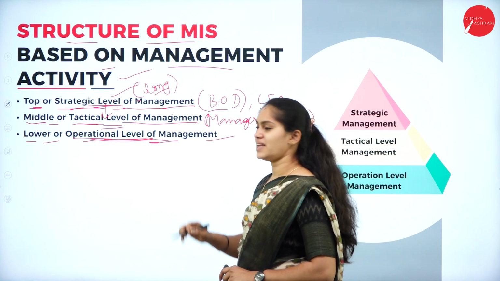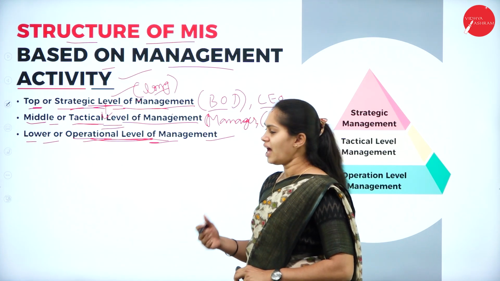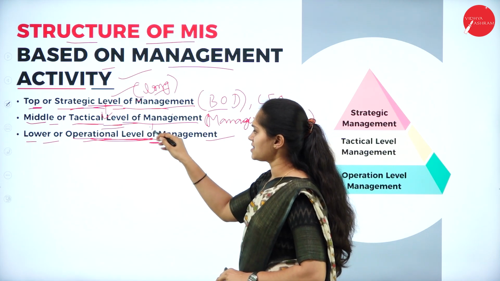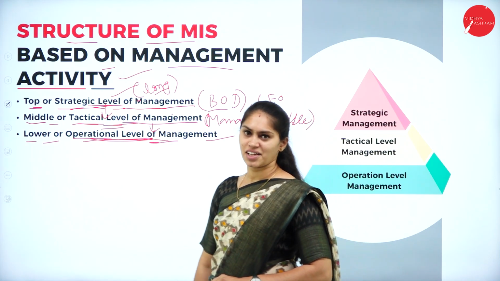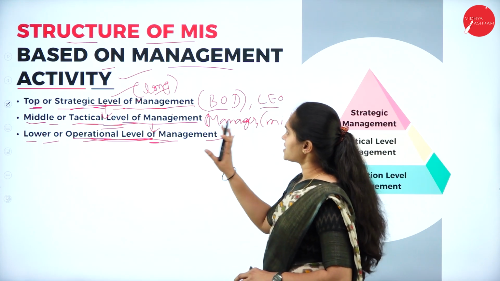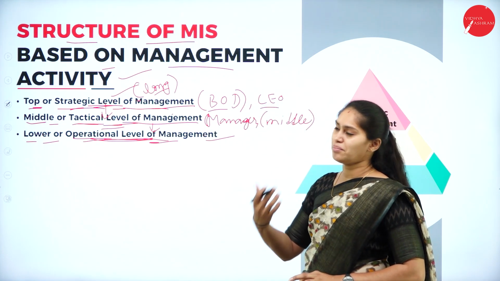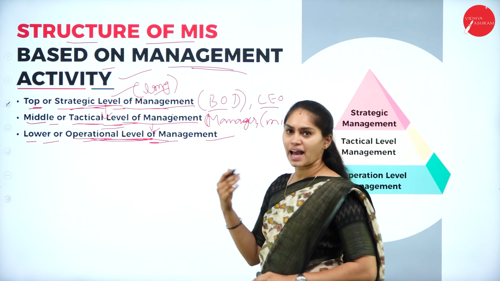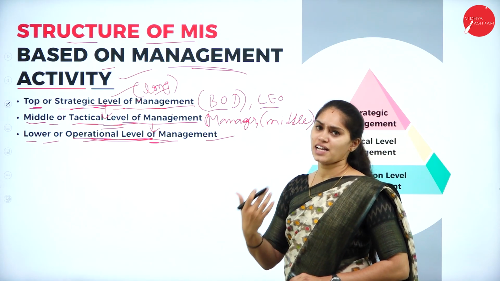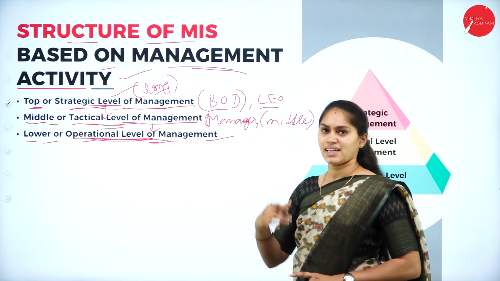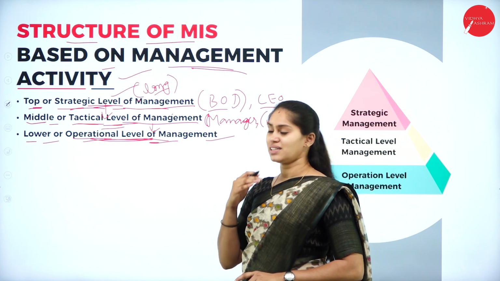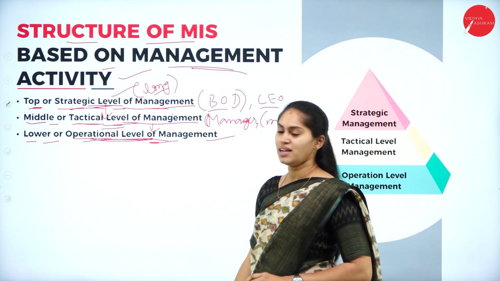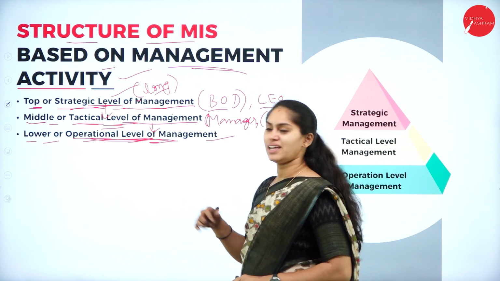This operational level of management upholds the things given by the tactical level of management. This is related to the structure of the MIS based on management activity, on the basis of what kinds of activities they perform: what happens in the tactical level, what happens in the strategic level, and what takes place in the operational level of management.